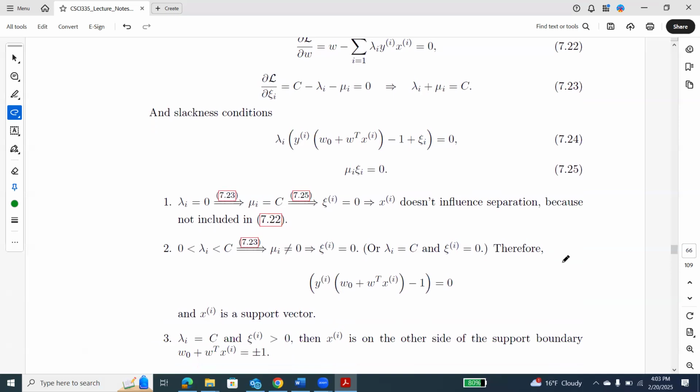We can consider three cases. If lambda is 0, then from this equation it follows that mu equals C. C is a regularization parameter, so mu is not 0. If mu is not 0, then xi should be 0. If xi is 0, it means that our point lies outside of this strip.